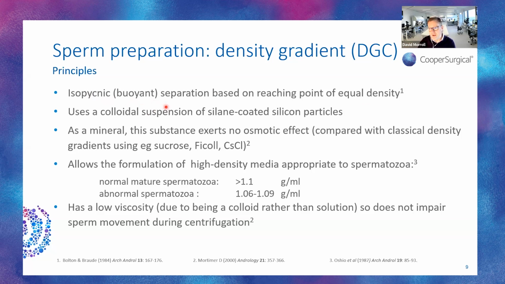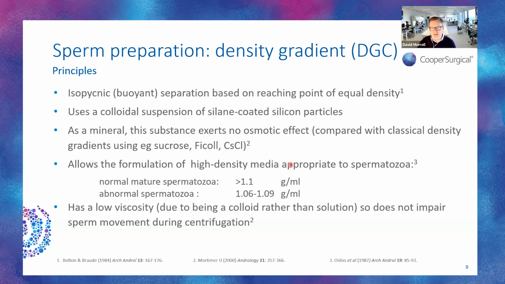Now, because it's a colloidal suspension of silane coated silicon, the density gradient media exerts no osmotic effect above and beyond the base medium. That's different in some density gradients that have been used, such as sucrose gradients and Ficoll.